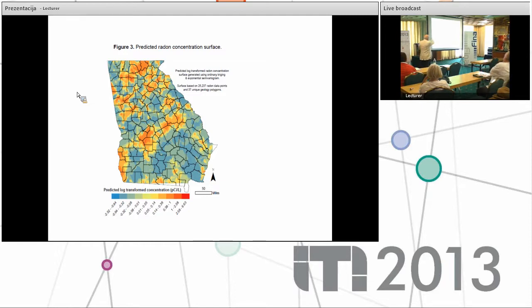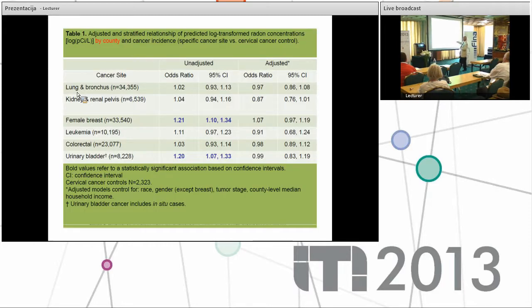This is the high exposure areas. The red is the high exposure. Here are the colors in terms of the exposures. And 4, is it 4 is the standard, I think? 4 picocuries is the high. So the red areas and the tan areas are. This is the predicted radon in picocuries per liter. So there were some really high areas.